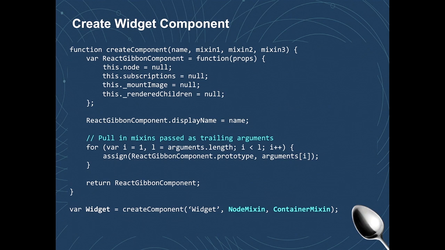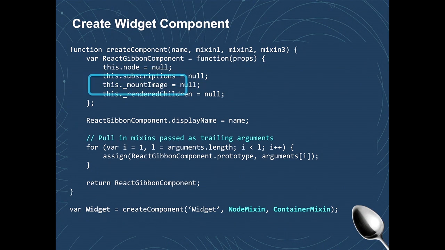But I'm going to focus on the private members. Node is actually what holds on to the object you're targeting. So if this were the DOM, you could use node to hold on to the HTML node. If this were WebGL, you might hold on to some little JavaScript wrapper that's representing some mesh on screen. Subscriptions keeps track of all the event subscriptions that you've got on a particular widget.